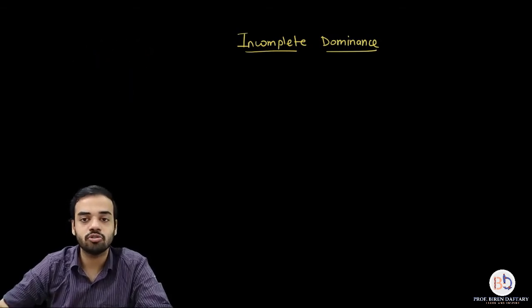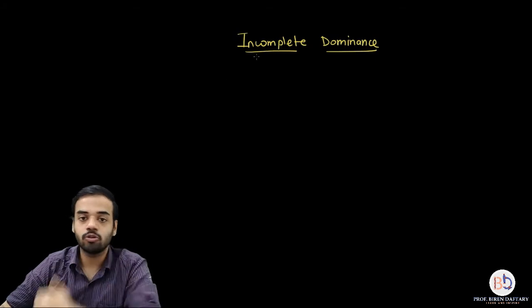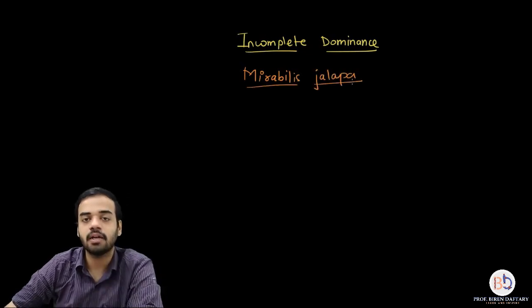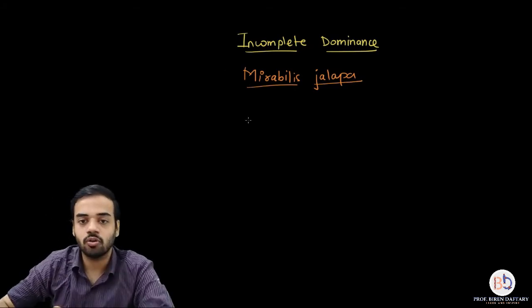However, now let me show you incomplete dominance with the help of an example. The plant that I am going to use over here is Mirabilis jalapa. This is the scientific name of the plant, and I'm going to show you a cross now.